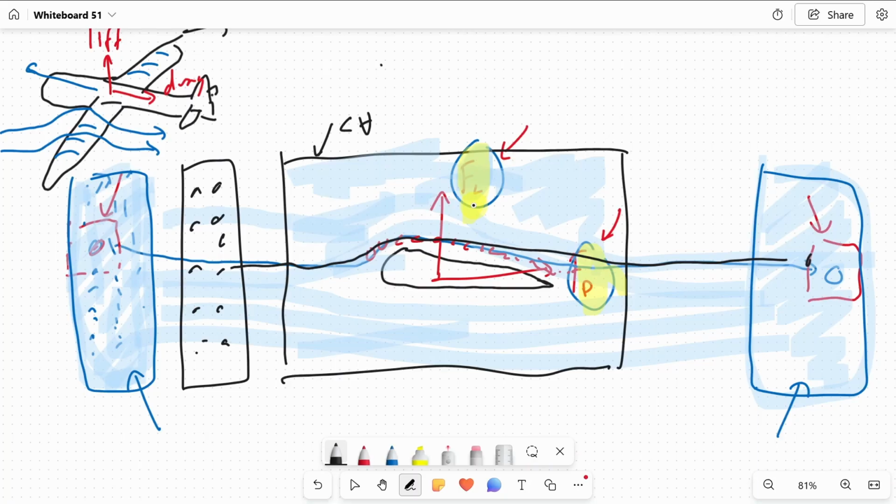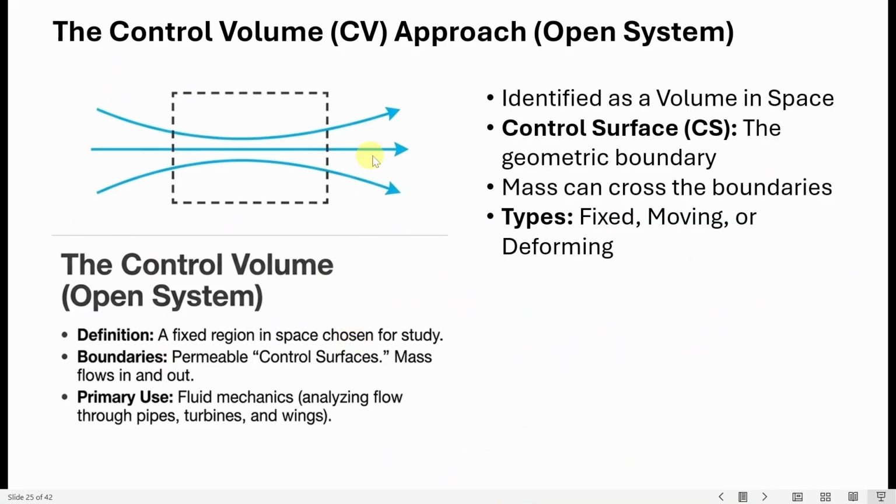So that is why we have these two different types of approach: the open system and the control volume approach, or the closed system approach.